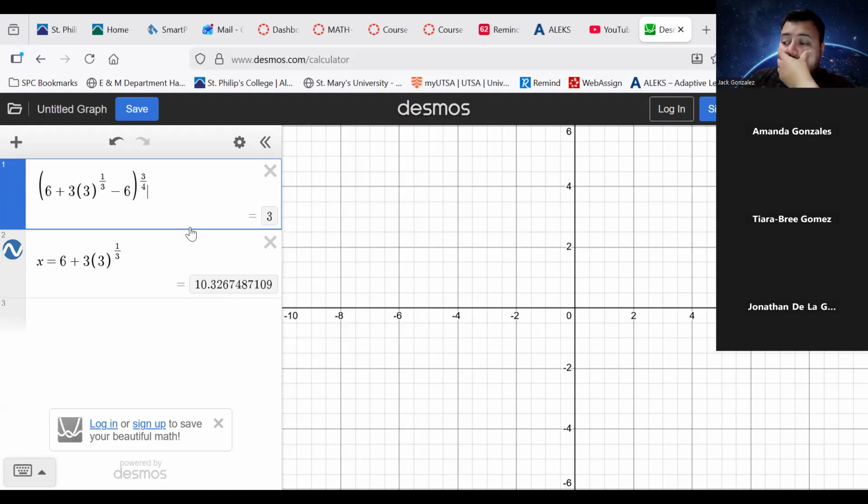Is that in fact 3 or -3? I'm actually quite surprised at this. Well, oh, I see what's going to happen. Y'all can see the calculator, right?